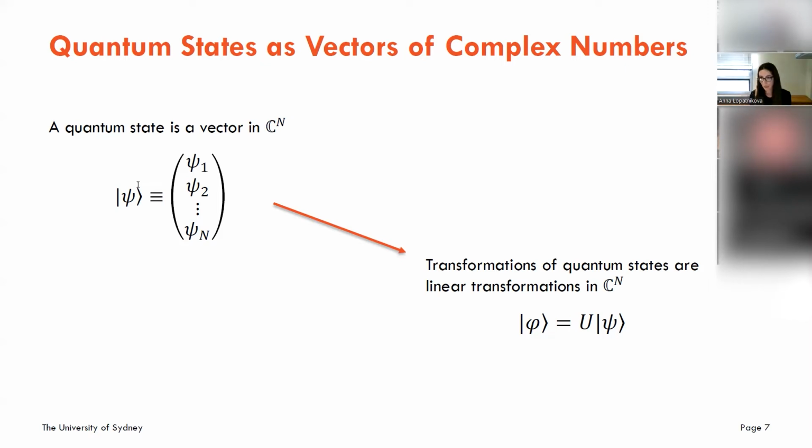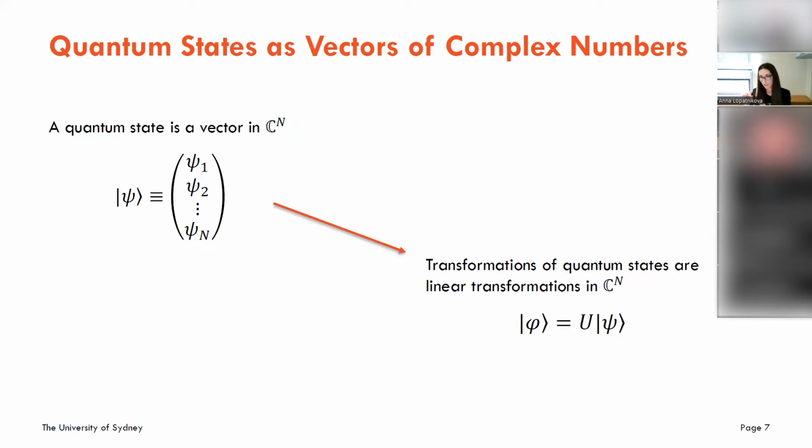It represents this vector in a vector space over the complex field. It's called a Hilbert space. It's very analogous to the Euclidean space that we're used to with the real numbers. So this ket, the quantum state, is described by a vector in this complex vector space. And for a closed system that can only exist in one of these n states, any transformation of such a closed system would be just a transformation into another vector in the same space.